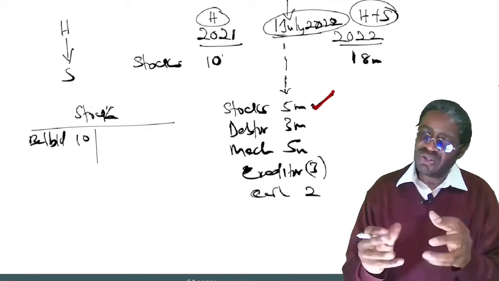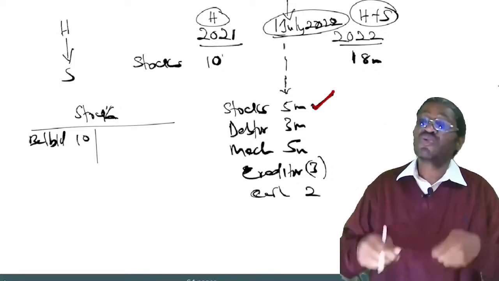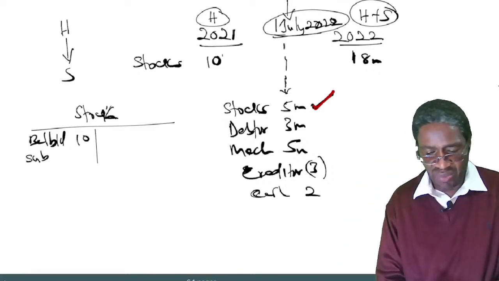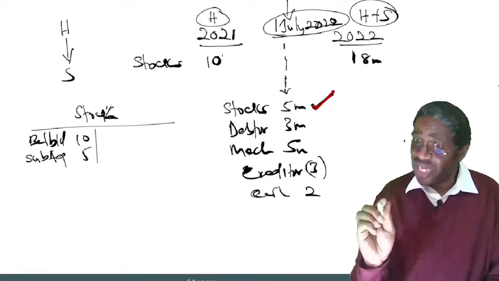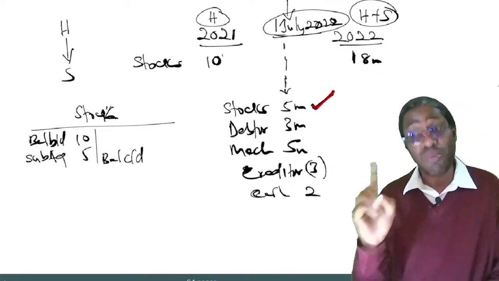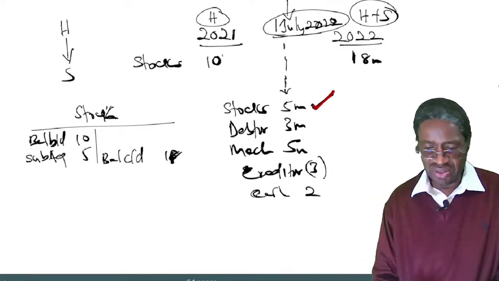That 5 million will automatically make the stocks of the group go up. So you will add, and say subsidiary acquired, that 5 million. Then you will carry down the balance by the end of the year according to the balance sheet by end of this year, which is 18 million.